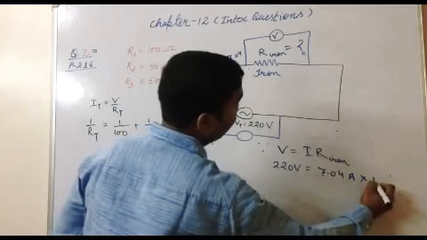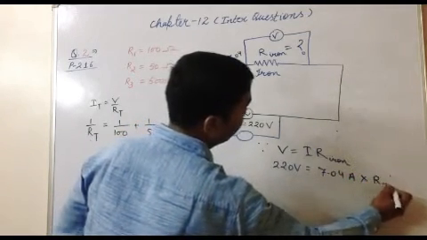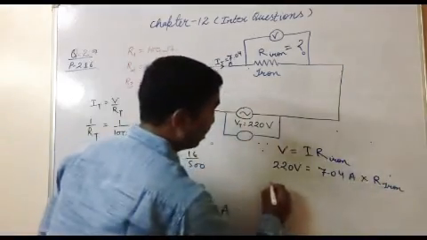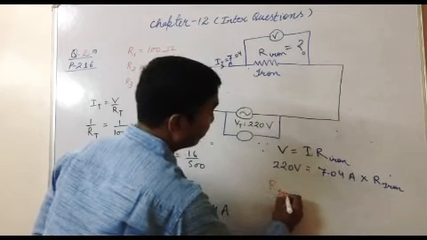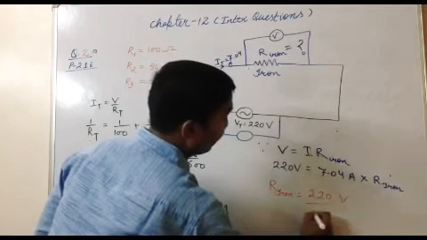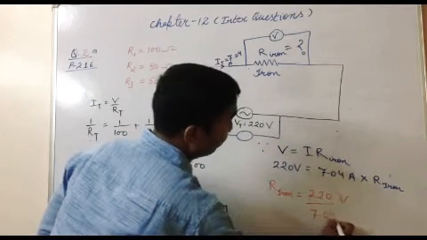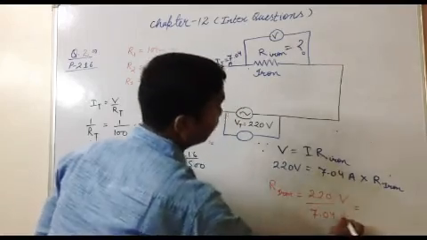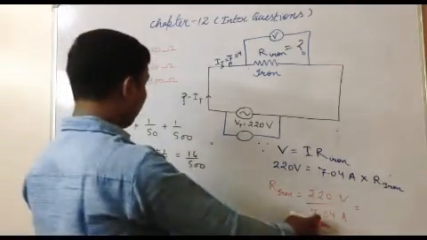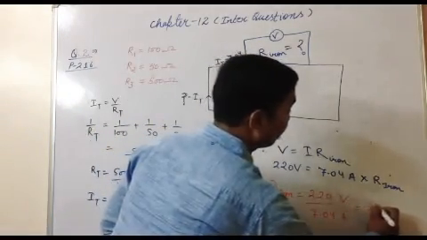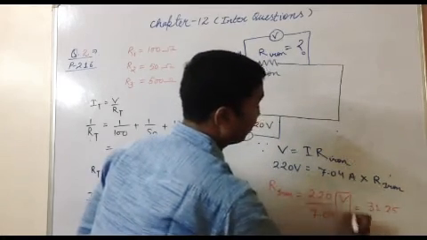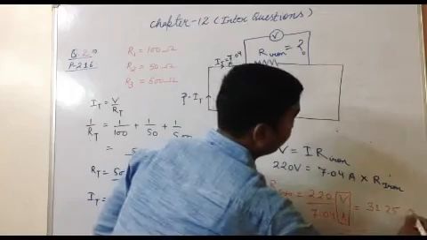So the resistance of iron would be equal to 220 volt divided by 7.04 ampere. When you solve it, you will get 31.25 volt upon ampere, and volt upon ampere is also called ohm.